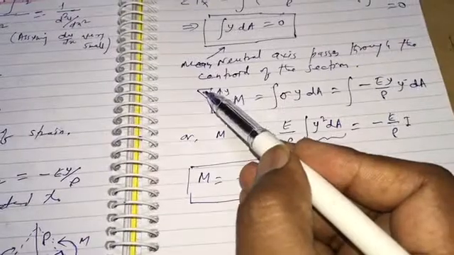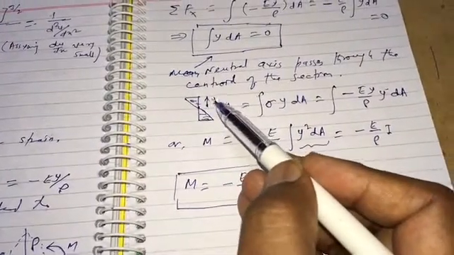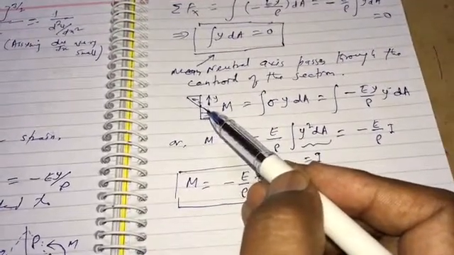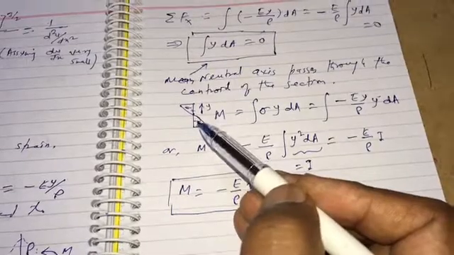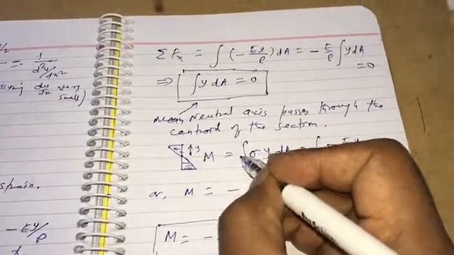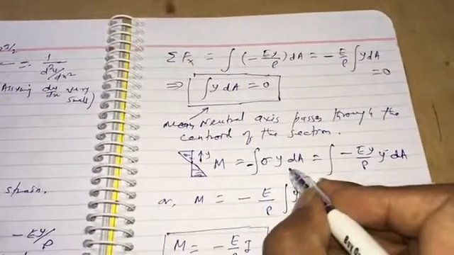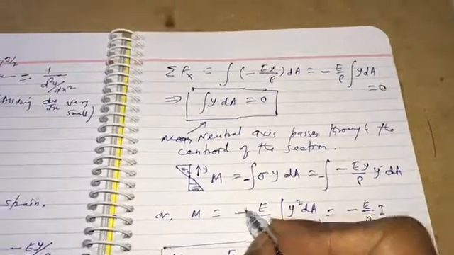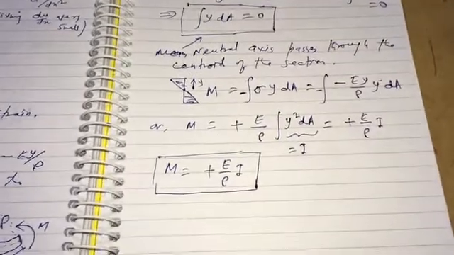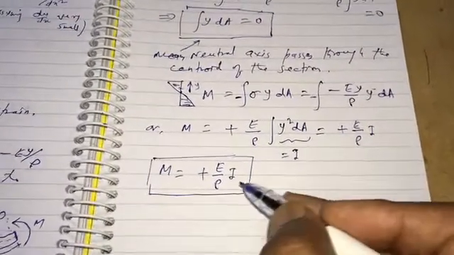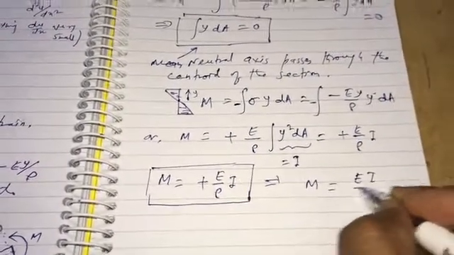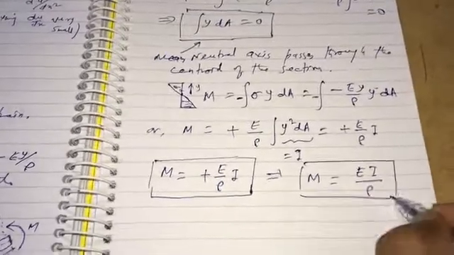So negative stress multiplied by positive lever gives a negative number. Similarly here, positive stress multiplied by negative lever y gives negative. So in order to make it positive, M has to be equal to the minus of that, so we get plus, and M finally equals EI over rho. Okay, so this is the equation.